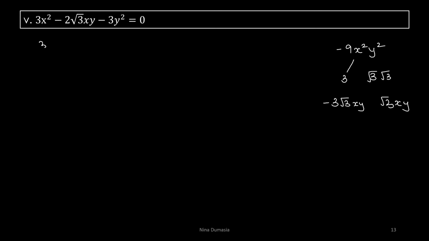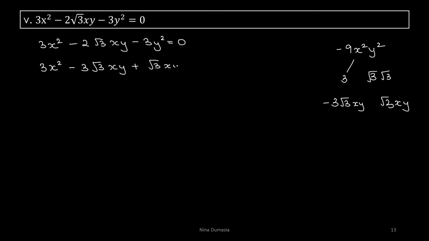So therefore we get that this is 3x square minus 2 root 3xy minus 3y square is equal to 0. We can split this middle term as 3x square minus 3 root 3xy plus root 3xy minus 3y square is equal to 0.